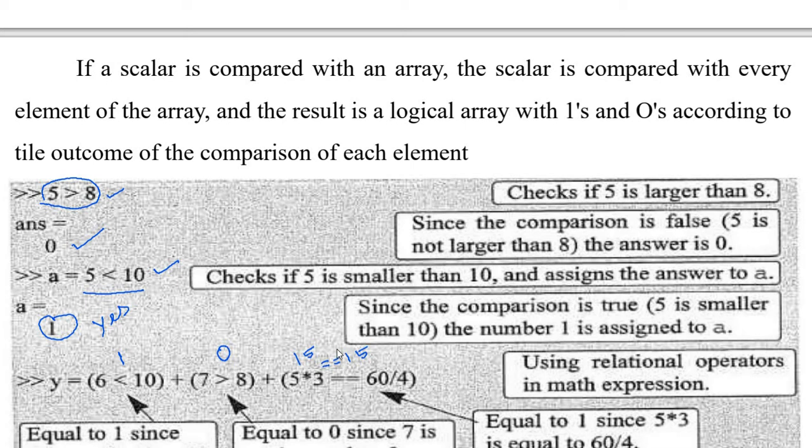So 15 equal to 15, therefore the value is 1. Now we add 1 plus 0 plus 1, so the result is 2.